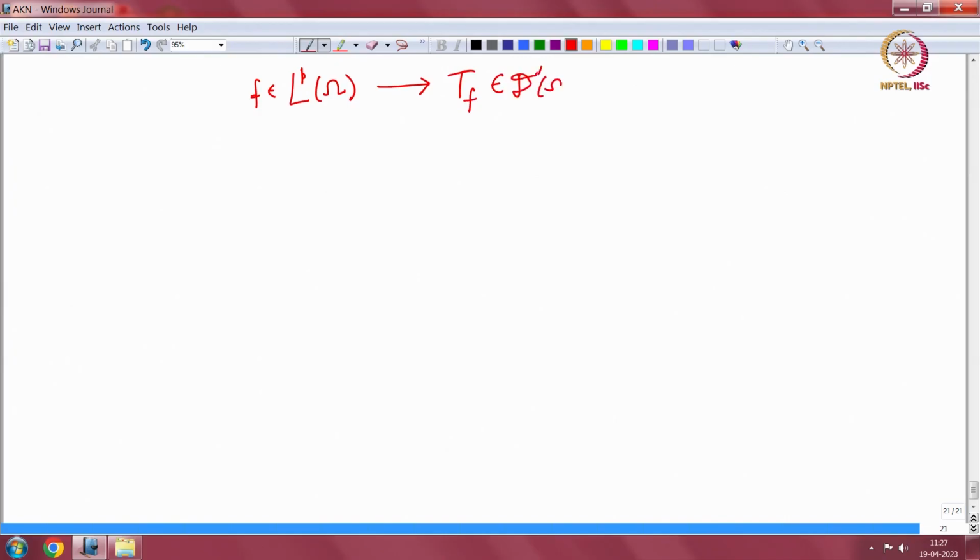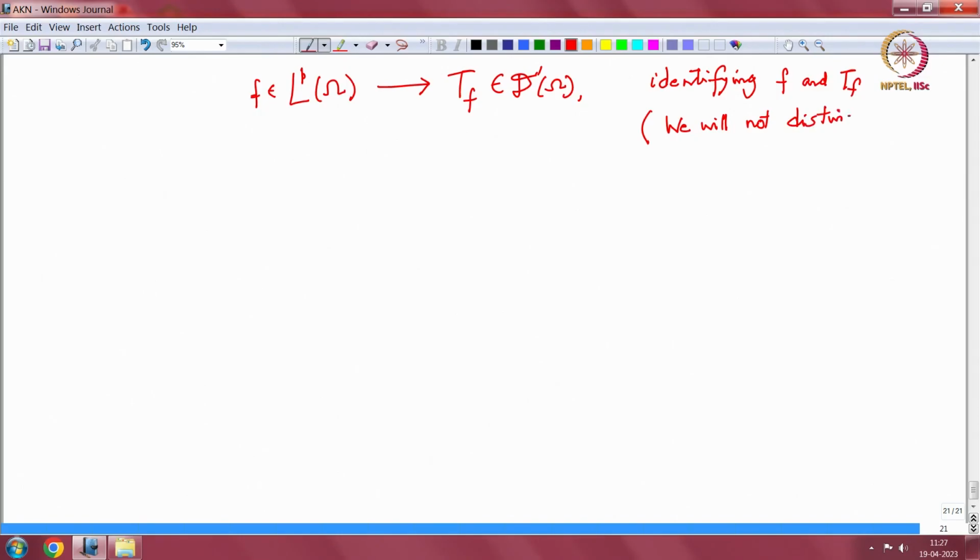In other words, this is a kind of identity mapping, because we are identifying f and T_f, and eventually we will not distinguish f and T_f.